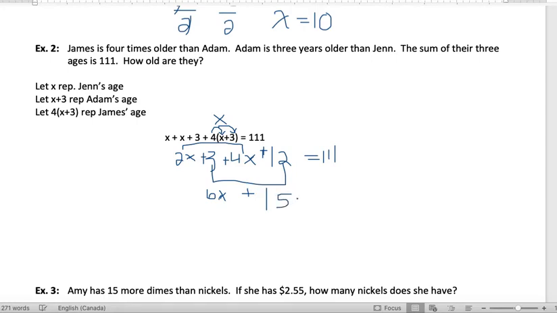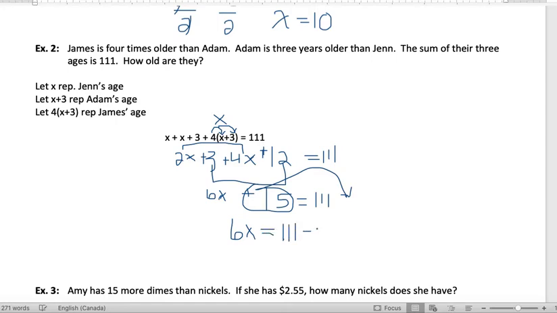And that is all equal to 111. So at this point, guys, you should be able to recognize how to solve this. So we're going to take this positive 15 and send it over. So we're left with 6x equals 111.